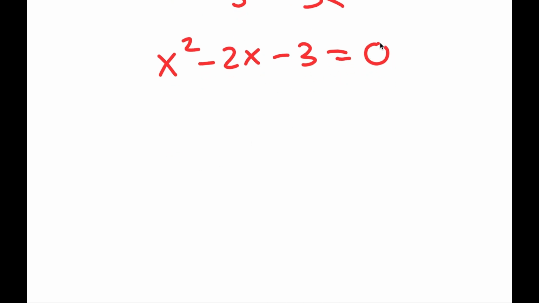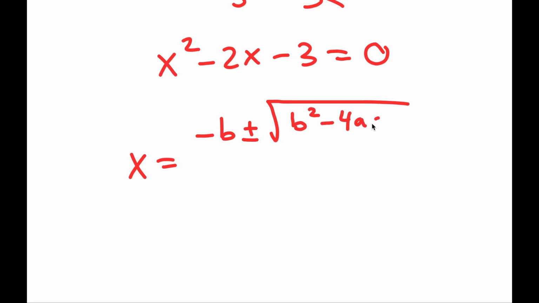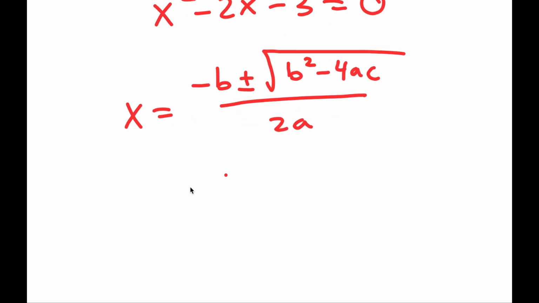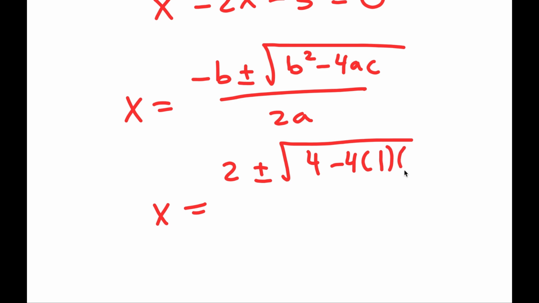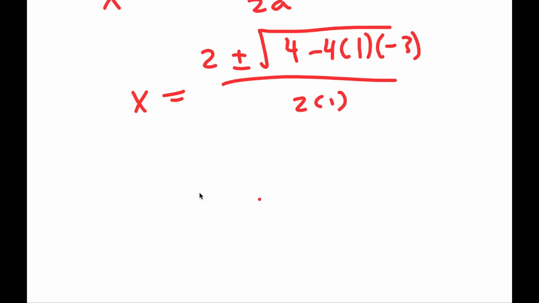So from here, I'm going to use the quadratic formula, which is negative b plus or minus the square root of b squared minus 4ac all over 2a. So I get x is equal to positive 2 plus or minus the square root of 4 minus 4 times 1 times negative 3 all over 2 times 1.